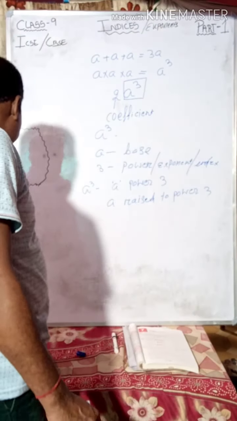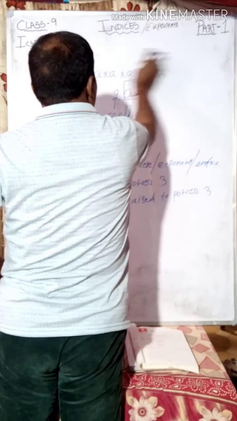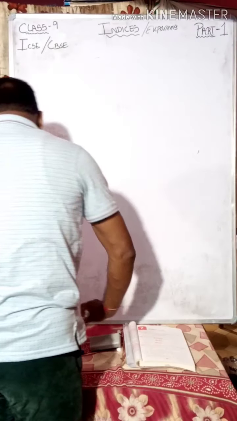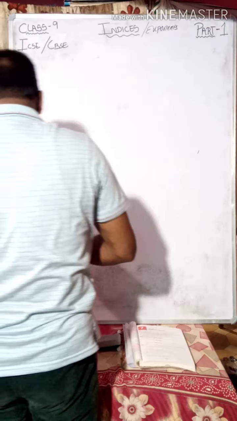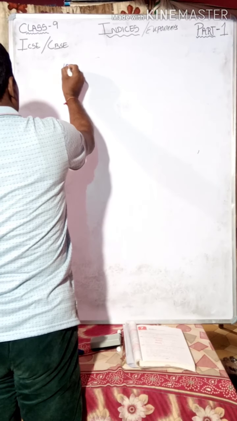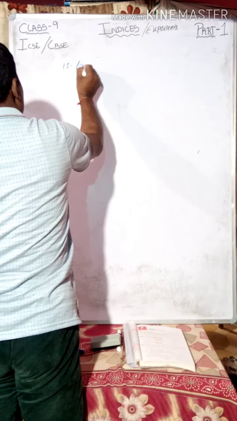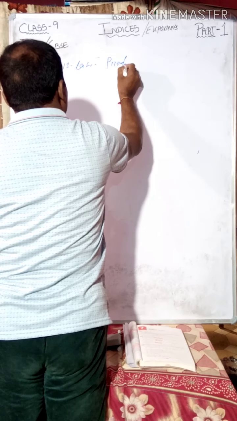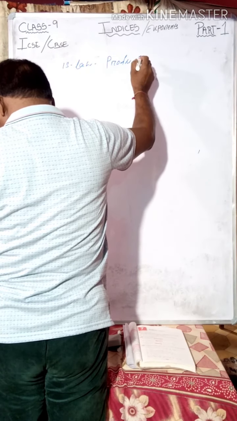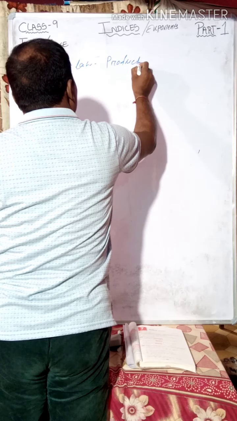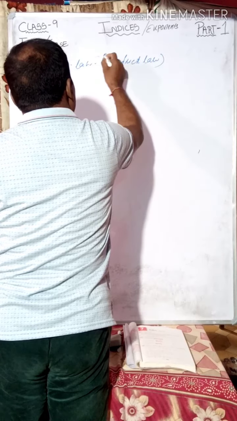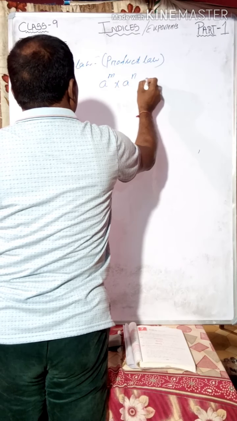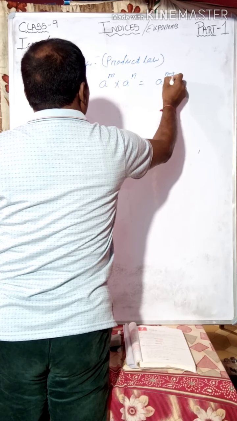What are the rules relating to indices? First law, that is product law. a to the power m into a to the power n is equal to a to the power m plus n.